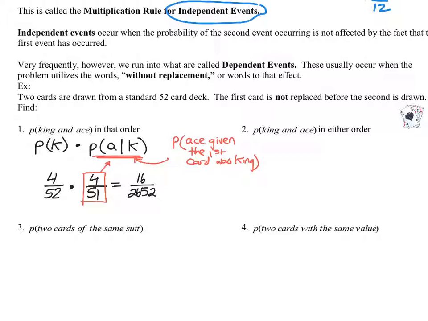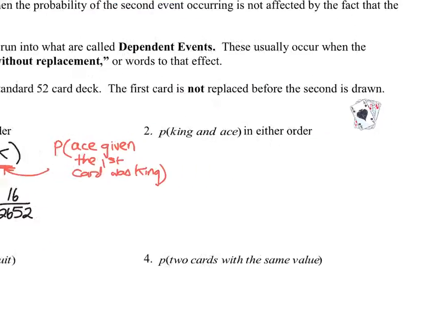Now, the second question says probability of king and an ace in either order. All right, so this, well, either is implying an or. So this is saying a couple of things, and we'll make use of our answer to part one.